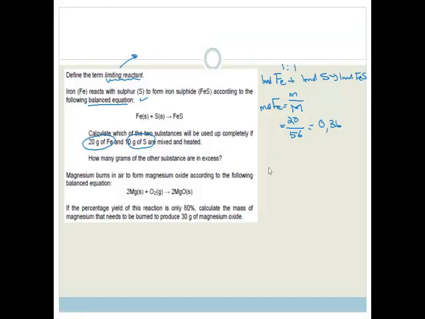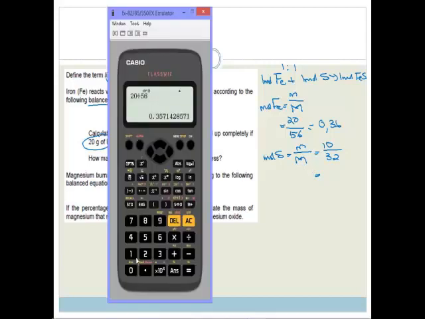Now let's look at sulfur. Again, the number of moles of sulfur is equal to mass over the molar mass, and we've been given 10 grams of sulfur, and the molar mass of sulfur is 32. So we're going to use our calculator, and we're going to go 10 divided by 32, which is 0.312.